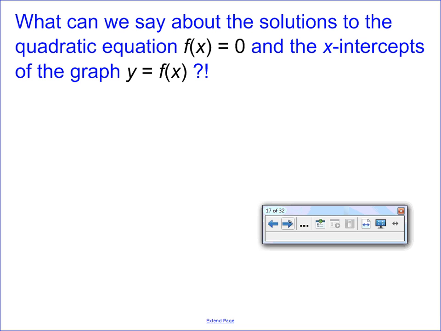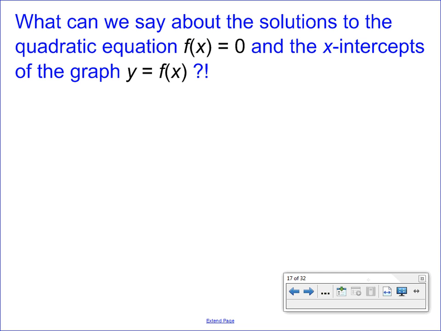All right, go ahead and tell your partner the connection between the solution and the graph, and I'm going to have a partner pair share with the whole group, okay? So go ahead and talk to your partner right now.